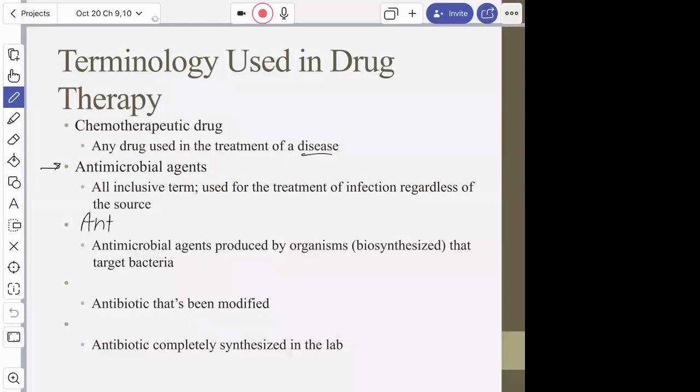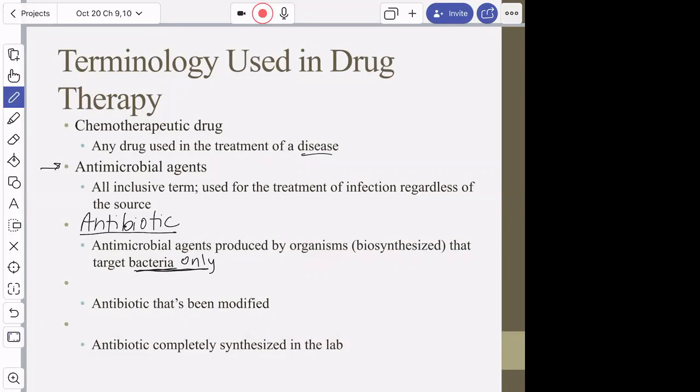And then by strict definition, an antibiotic is an antimicrobial agent that's produced by organisms. So it's just naturally secreted by some kind of organism. We'll talk about what kind of organisms. And it targets bacteria only. Okay. So an antibiotic is not going to work against a virus.